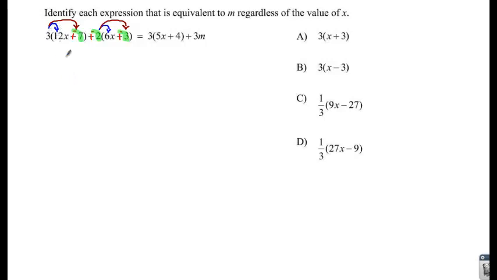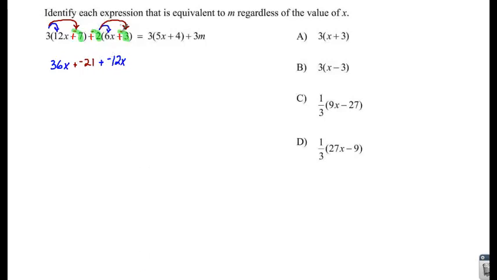So 3 times 12x is 36x. 3 times negative 7 is negative 21. Negative 2 times 6x is negative 12x. Notice everything's addition.